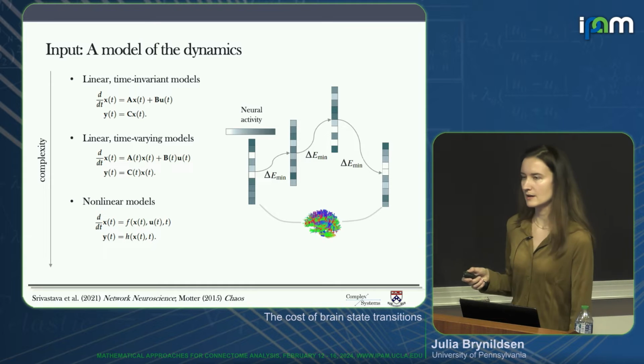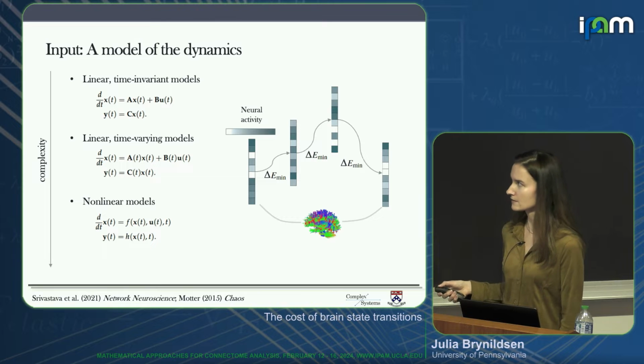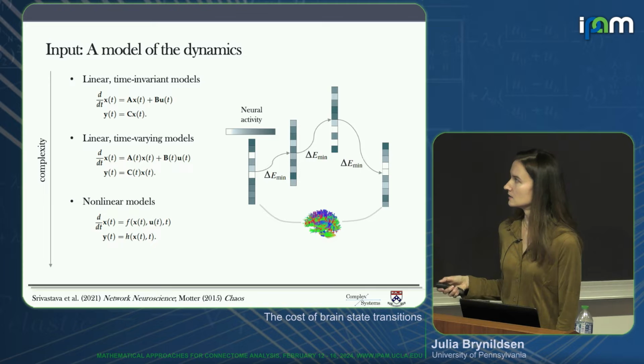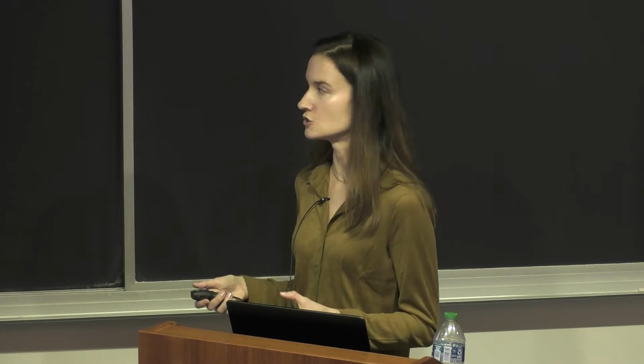While we know that at the cellular level, neural dynamics are nonlinear, recent work from our group has actually shown that linear models perform better at approximating macro-scale neural dynamics like what you would measure using fMRI or EEG.